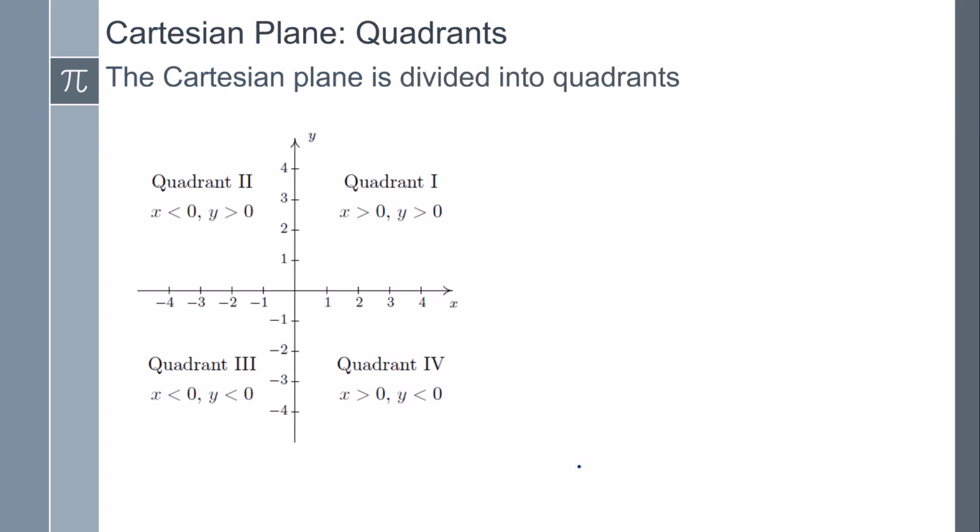Now another way to analyze this coordinate plane is that it's divided into quadrants. Any point that's placed here, we would say is in quadrant 1, and then we count counterclockwise. So we count starting going that way. So then this is quadrant 2, this is quadrant 3, this is quadrant 4.